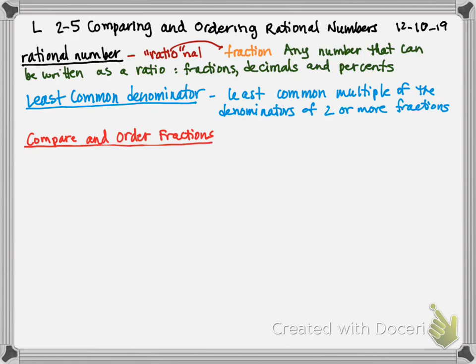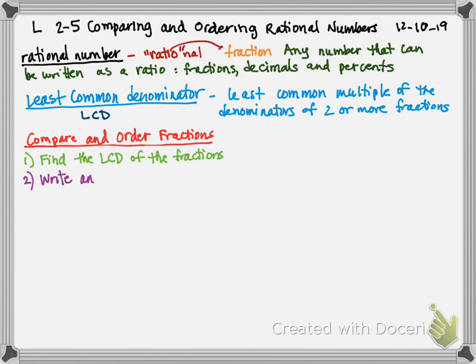So here are some suggestions of what you would do to compare and order fractions. We usually refer to least common denominator as LCD. So we're going to find the LCD of the fractions. And once we figure out the common denominator, then we're going to create equivalent fractions. Remember, we talked about those earlier.